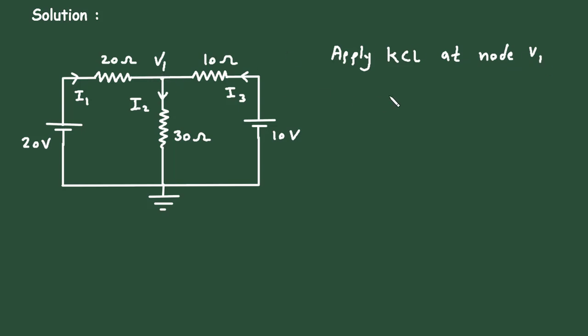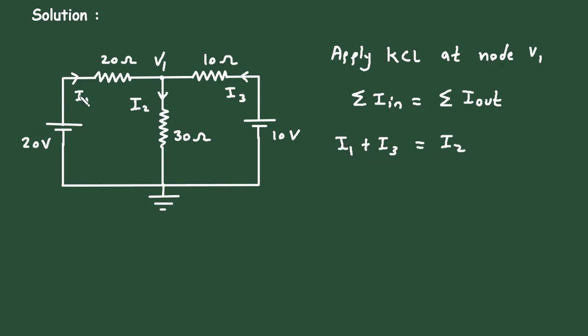According to KCL, the summation of all the currents entering a node is equal to the summation of all the currents leaving the node. Here at this node, I1 is an entering current, I3 is also an entering current, and I2 is the leaving current. So it will be I1 plus I3 entering current, and leaving current is I2.